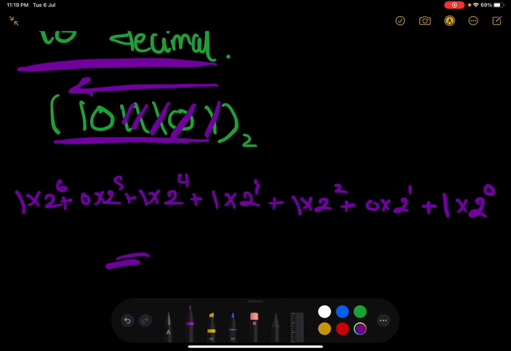And let's get the answer. I'm only going to calculate the ones where the digit is 1, because anything times 0 will give me 0. And to save time, not wasting our time, we'll get 93.